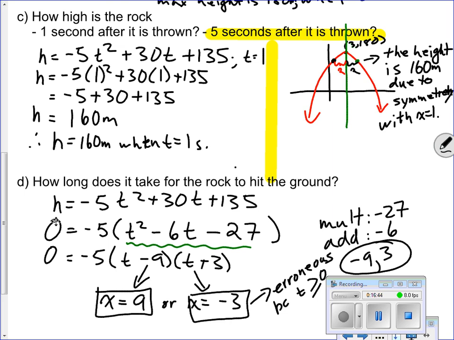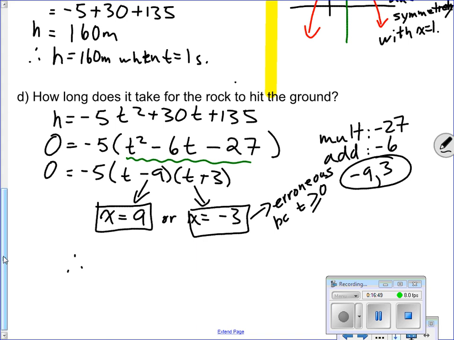We cannot go back in time. Therefore, it hits the ground after 9 seconds.